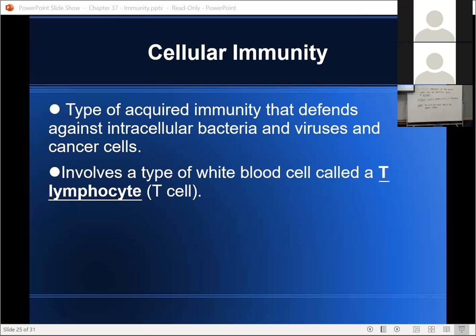Some bacteria are intracellular pathogens. All viruses are intracellular pathogens. Cancer cells aren't pathogens per se, but they are something bad that your immune system takes care of, and it's cellular immunity that takes care of cancer cells. Cellular immunity involves a type of white blood cell called a T lymphocyte or a T cell.